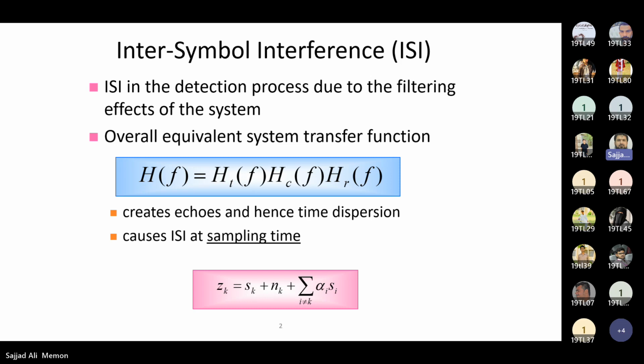Now we have inter-symbol interference. That is an important impairment that needs to be reduced so that our signal can propagate properly.